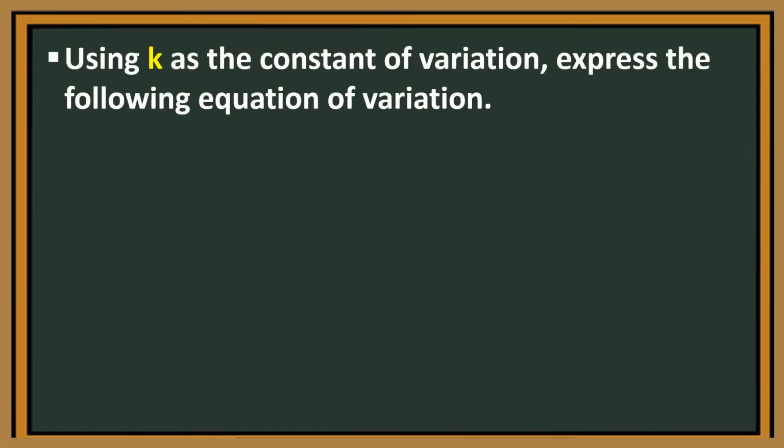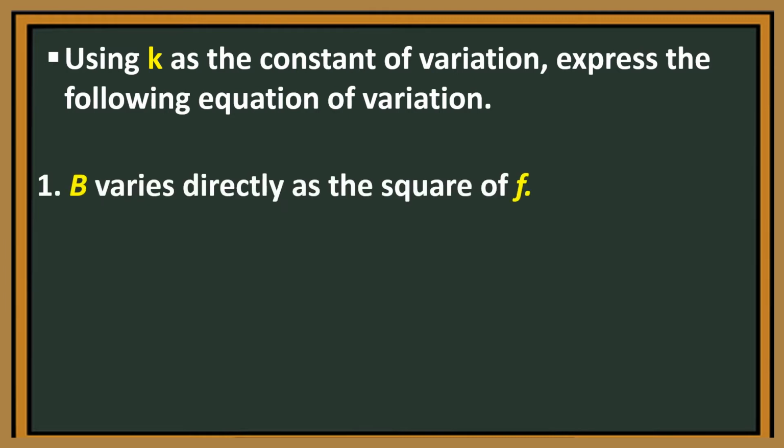Let's have some examples. Using k as the constant of variation, express the following as equations of variation. Number 1. B varies directly as the square of f. Varies directly, keywords. If you translate that into an equation, b is equal to k times f squared, where k is constant.